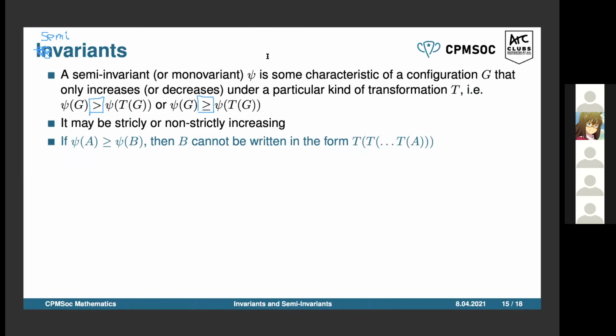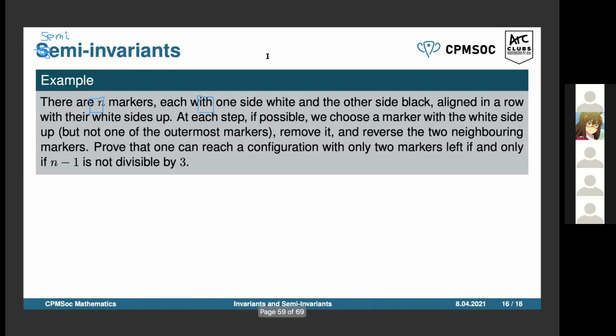Cool. All right, so we'll do one example for semi-invariants, and then we'll wrap up.